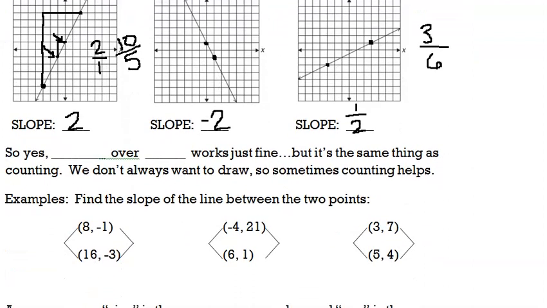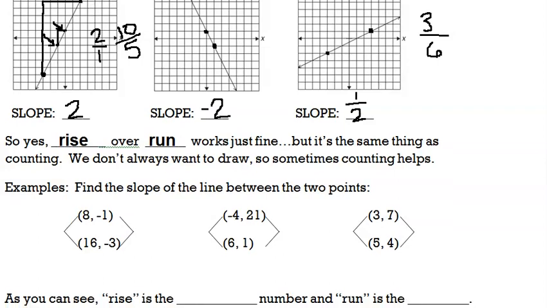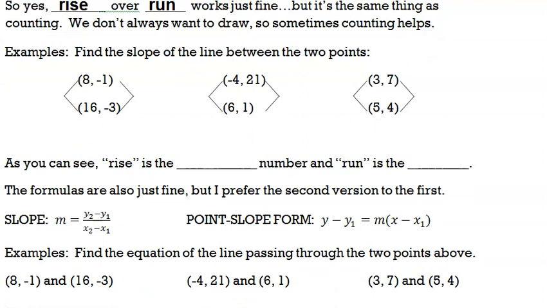All right, now this is where I am going to differ from a lot of teachers here. Because if you don't want to use rise over run, or if you can't because they didn't give you a graph and you have to find the slope, most teachers use the formula.